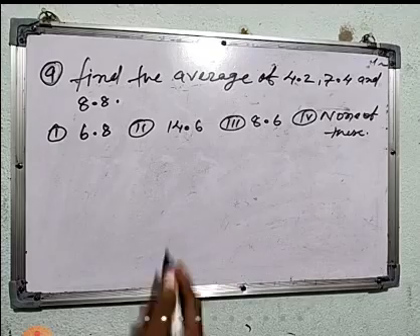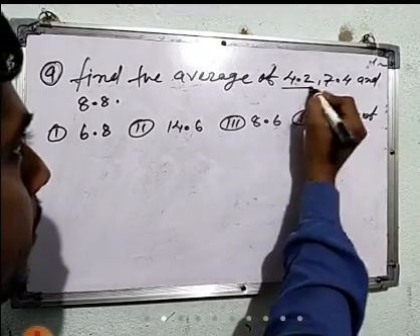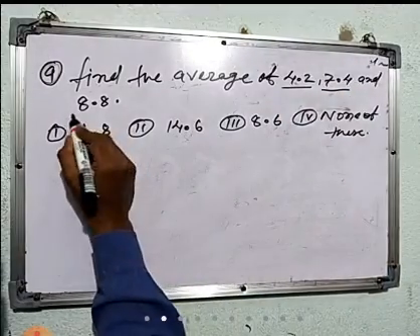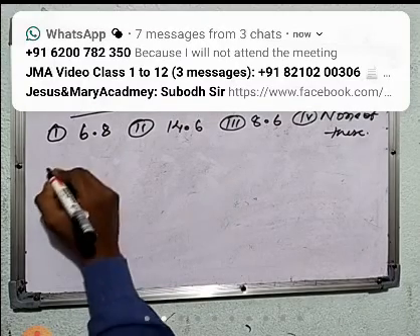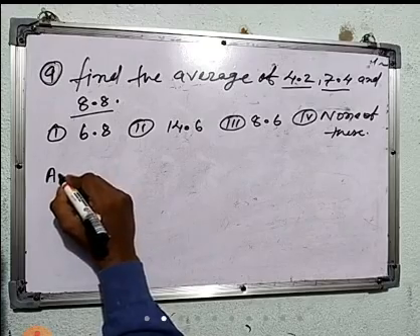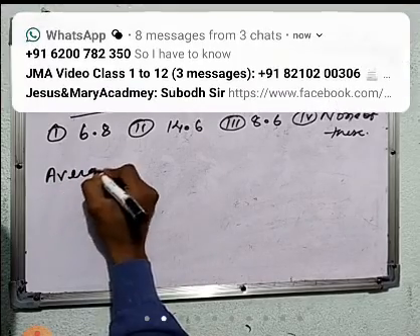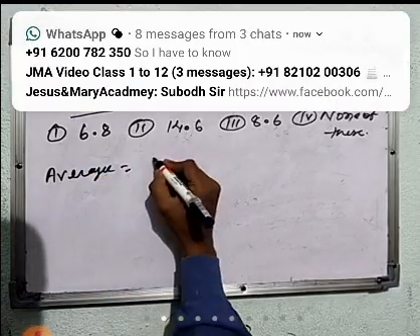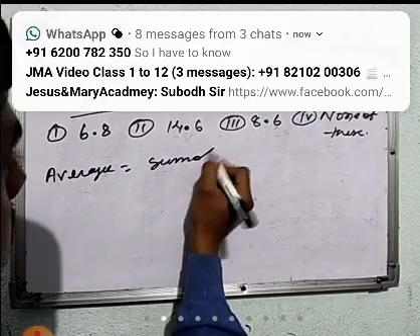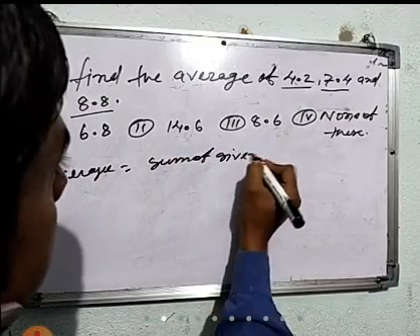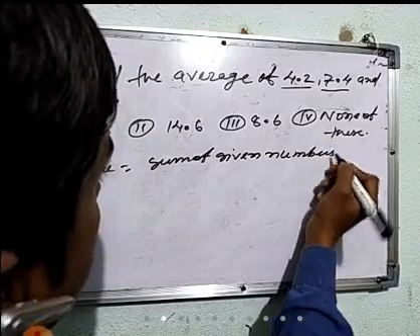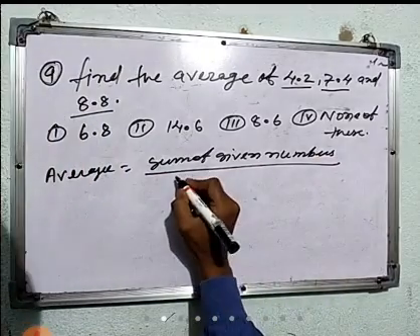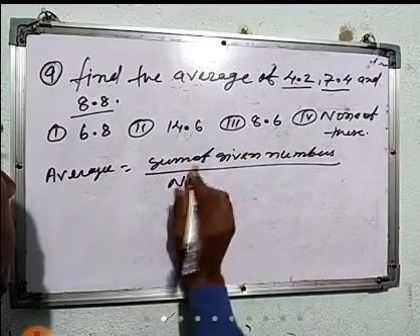So first you find the sum of the given numbers. Average equals sum of given numbers by total numbers.